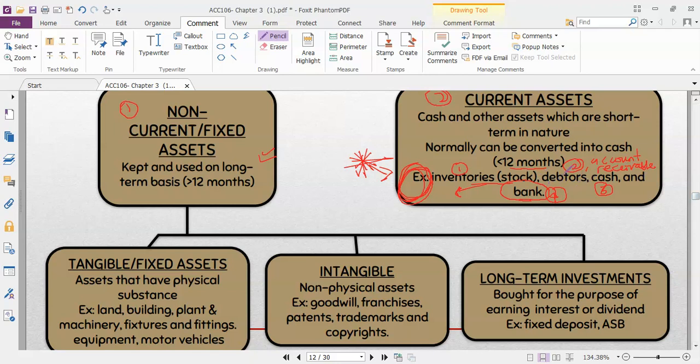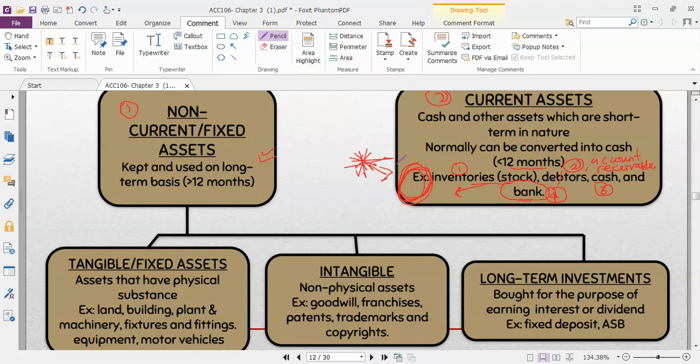Kita punya sebutan tu B tu kita hilangkan sebutan B so that kita sebut dia debtors. So, inventories, debtors, ataupun nama lain dia account receivable, cash and also bank. Itu current asset. So, current asset jenis-jenis example dia itu saja.